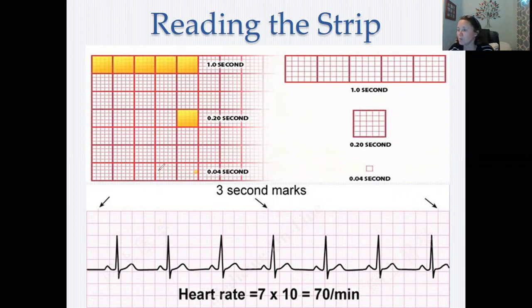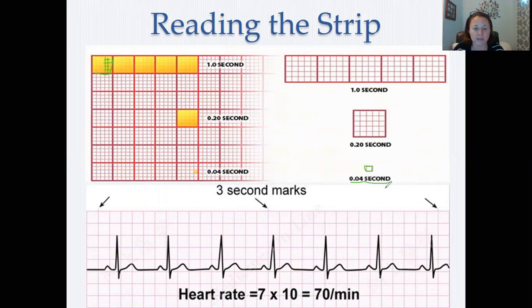Each small box, so on your EKG, you've got these big red boxes, and then inside of those red boxes, you've got these little bitty boxes, right? Each little bitty box represents 0.04 seconds.